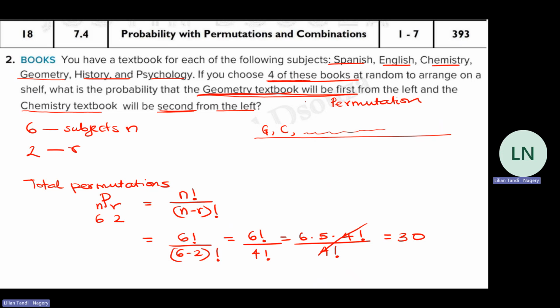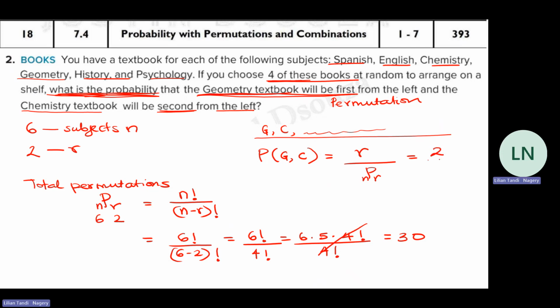The question doesn't ask you how many different ways can you arrange. The question is asking you what is the probability. So then you're going to write here probability of picking geometry first and then chemistry is R over the total permutation.